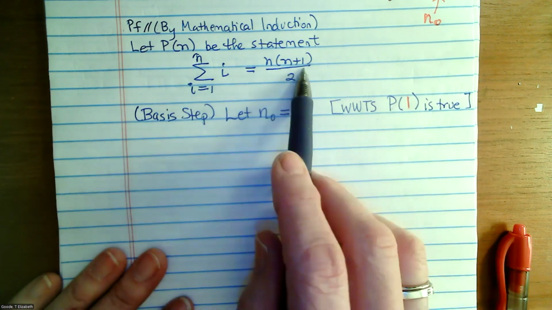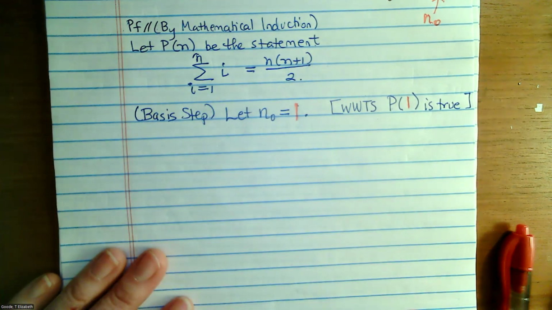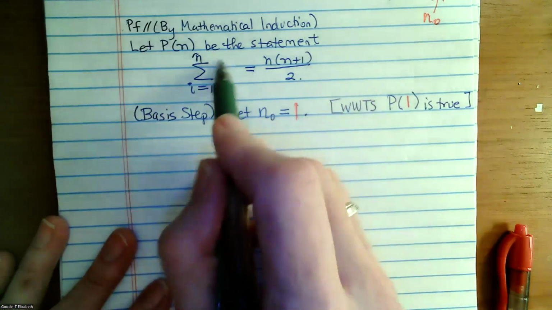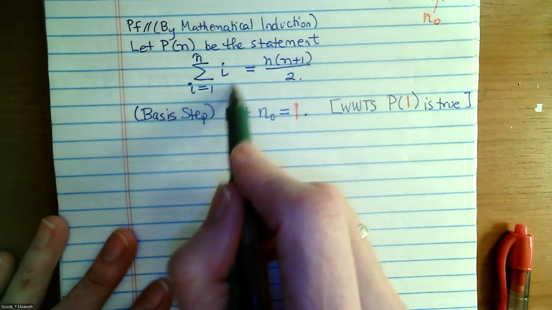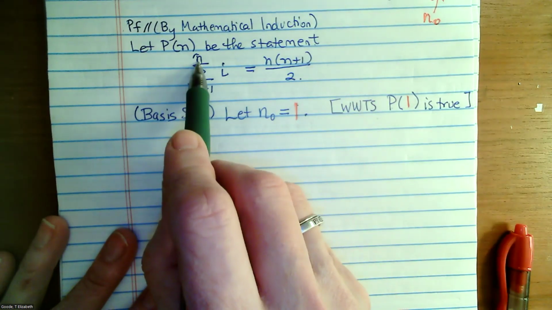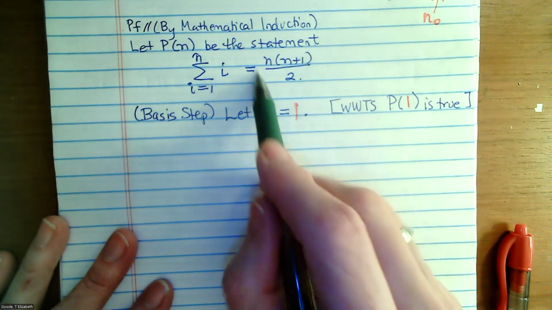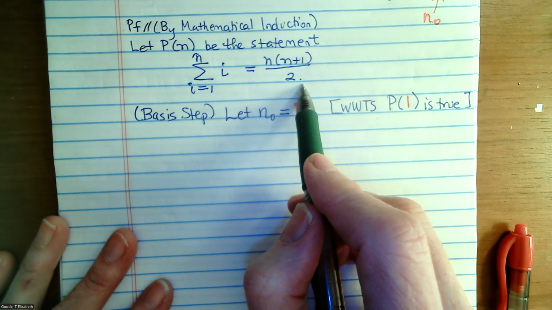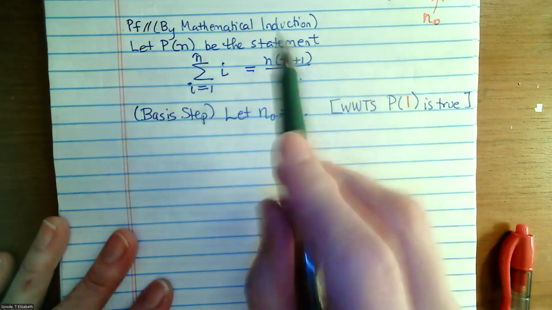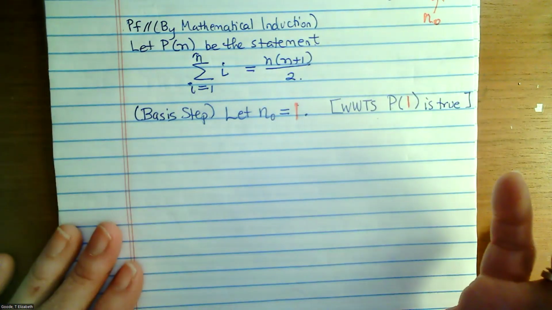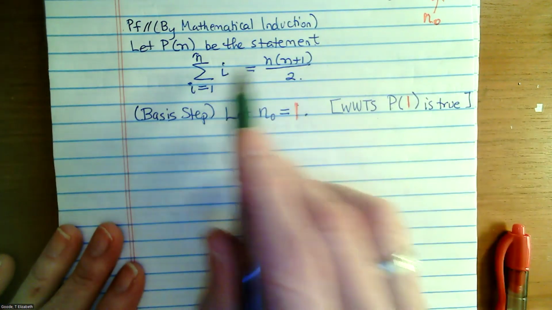Now, we can't write P of 1 as if it's true, but what we can do is work separately on the left-hand side of P of 1 and figure out what it looks like when n is 1. Then we can evaluate what the right-hand side turns out to be when n is 1. Hopefully, they'll both turn into the same number, and then we could say that those two sides are equal.